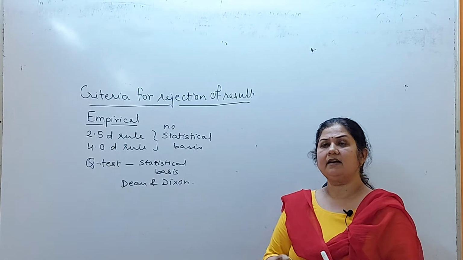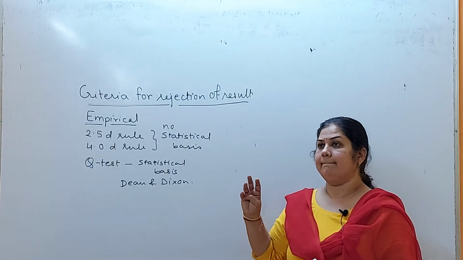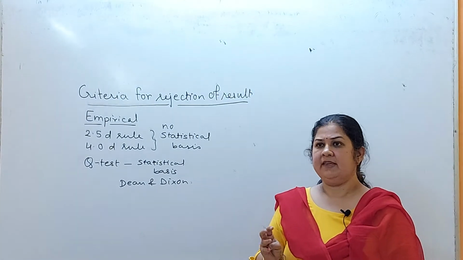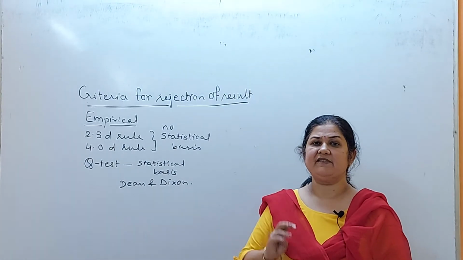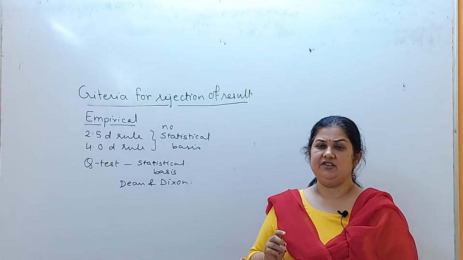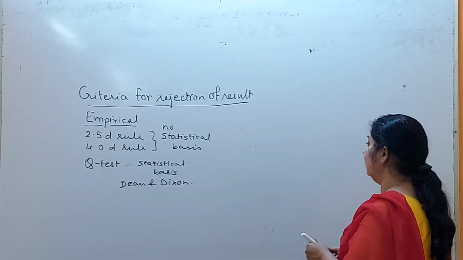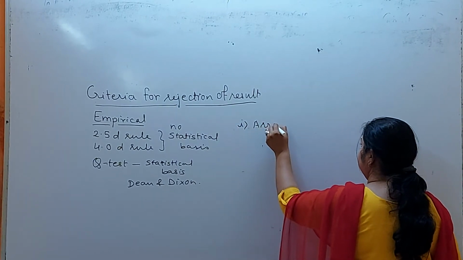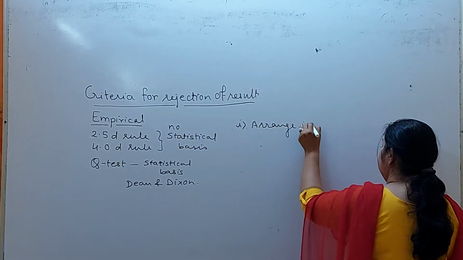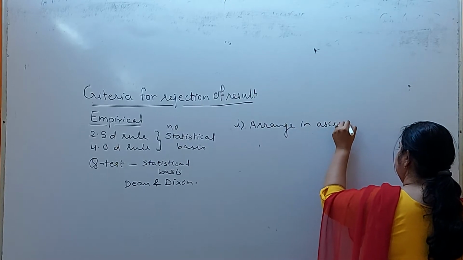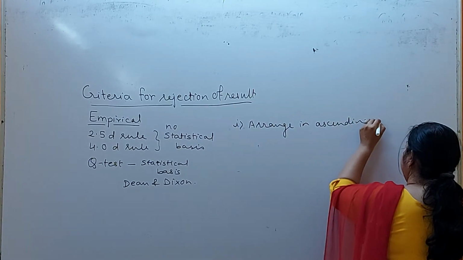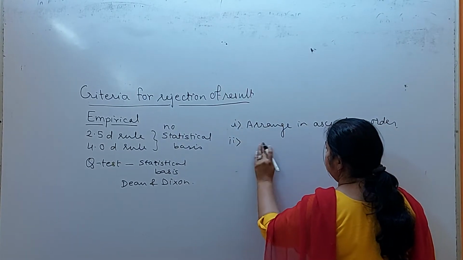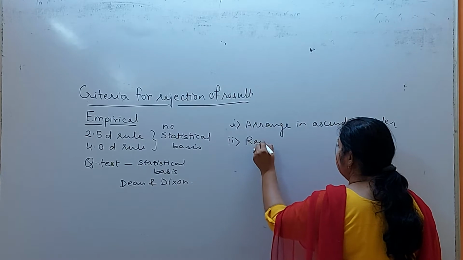Then find the difference between the doubtful observation and its nearest neighbor, and then this difference is divided by the range, and that is called Q calculated.